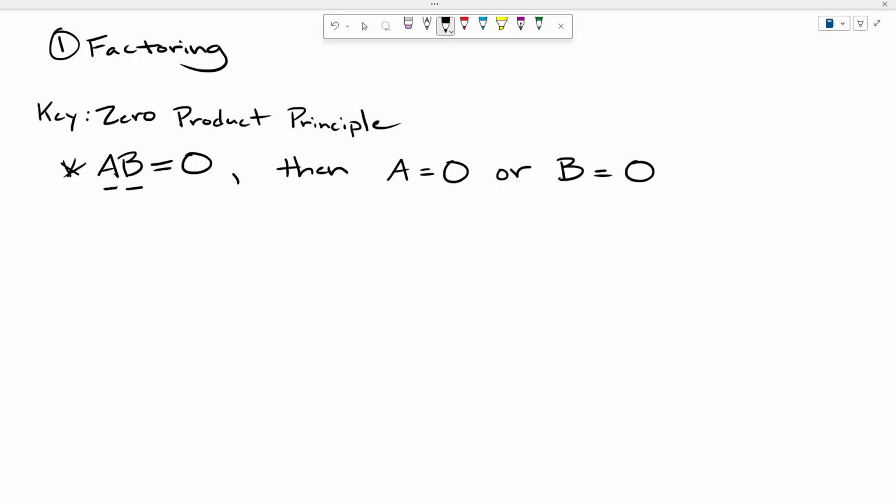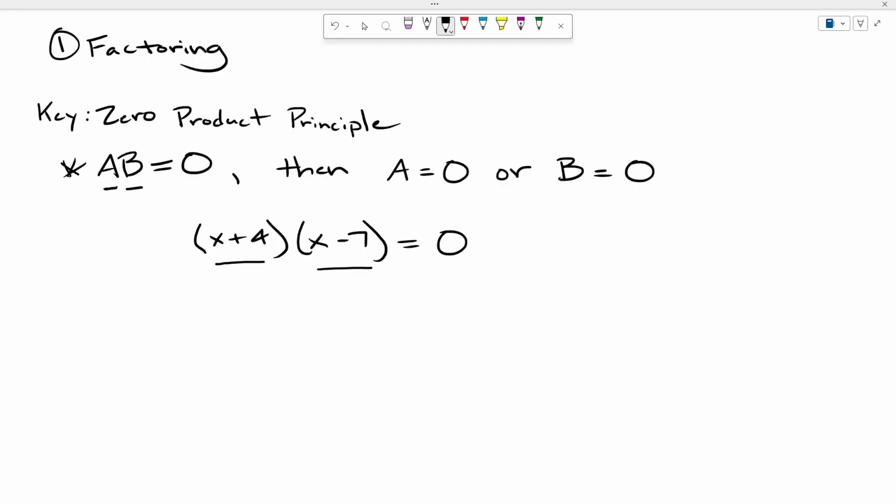So if we had to put some numbers and some x variables to it, if we had x plus 4 and x minus 7, and that was equal to 0. All right, so applying the zero product principle, we have our two algebraic expressions. They're equal to 0. So all it's telling us is, and again, key here, we have 0 on the right side.